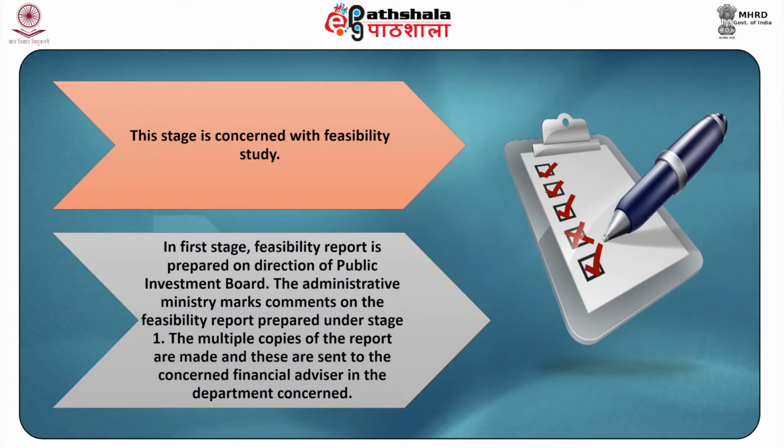Stage 2. This stage is concerned with the feasibility study. In the first stage, the feasibility report is prepared on the direction of the Public Investment Board. The Administrative Ministry makes comments on the feasibility report prepared under stage 1. Multiple copies of the report are made and sent to the concerned financial advisor in the department concerned.